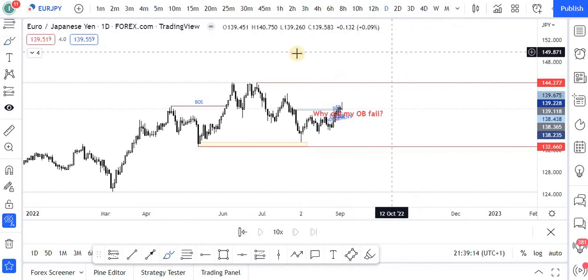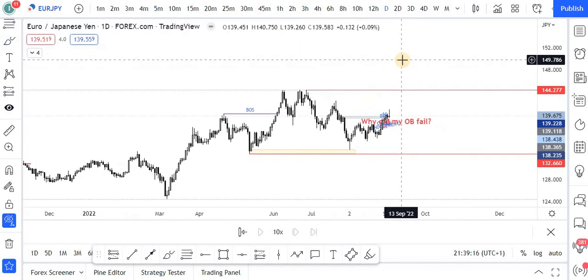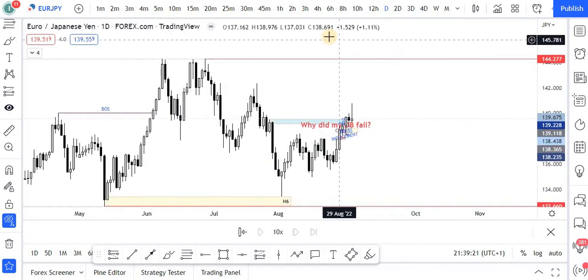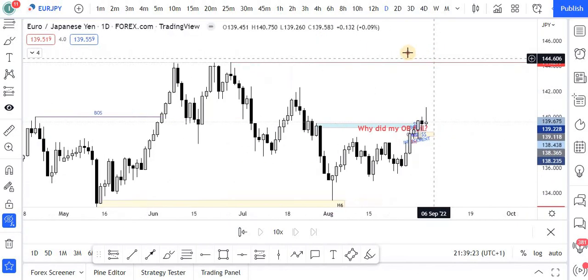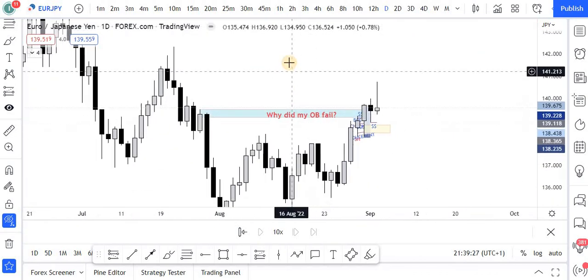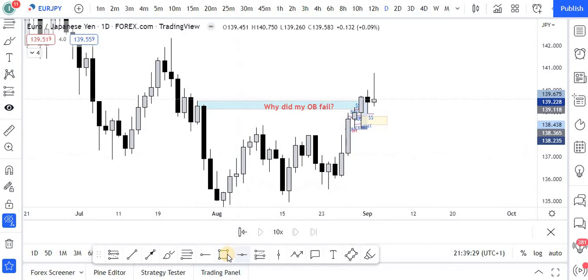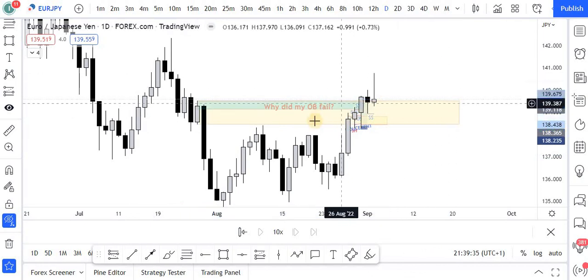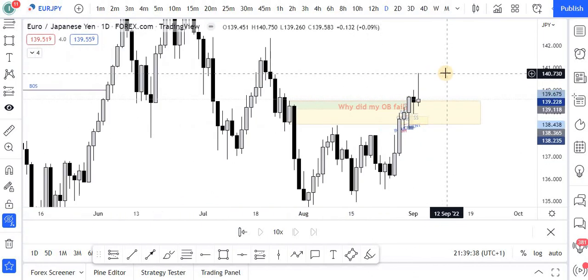So that was what I saw, and I think that could be a very strong reason why this particular OB failed to hold. If you look at this carefully, you can also see it here on the daily. This is the OB we're talking about now. On the daily, why did this OB actually fail?